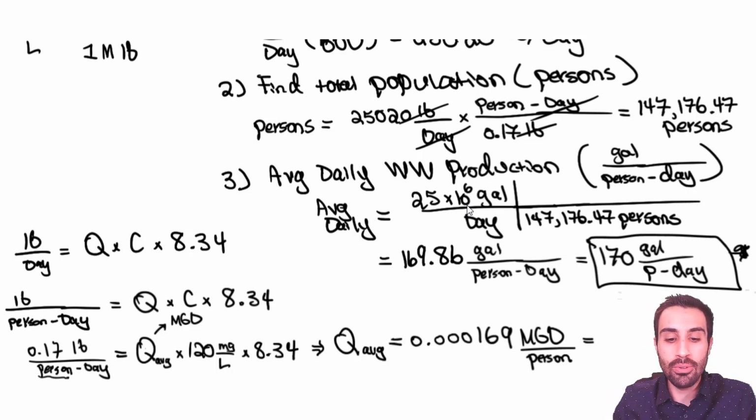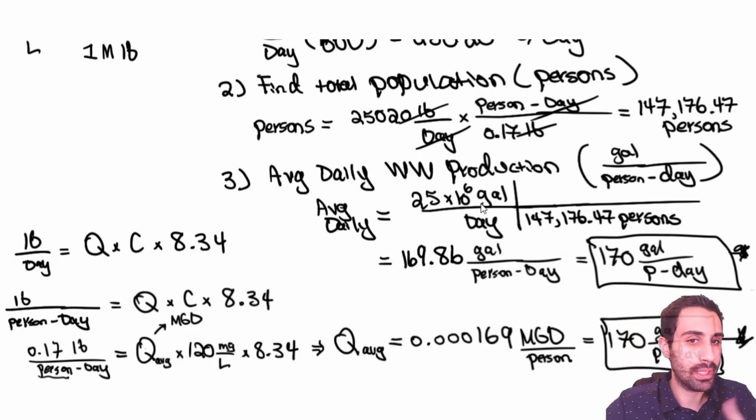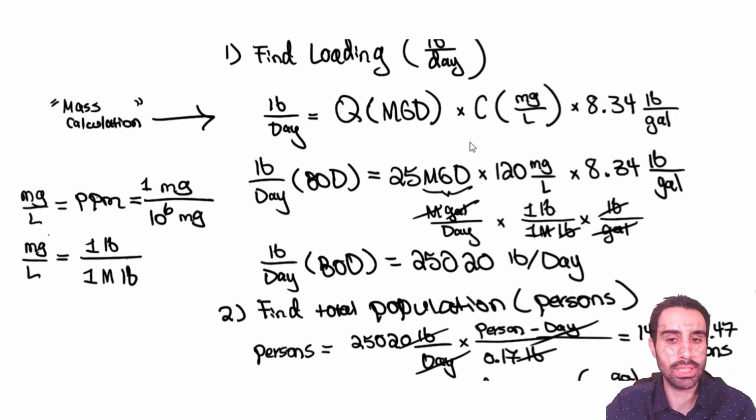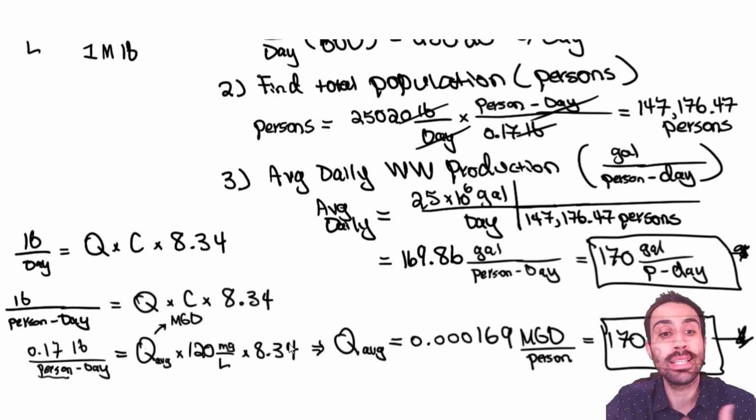So taking this value times 10 to the 6, we get about 169.86, which is close to that 170 that we got. And all of this we did just in one step. So know how to do this, know how to break this down from the basics, know how to find the total population. That might be a question on its own, and at the end do it a little faster by trying to apply this approach.